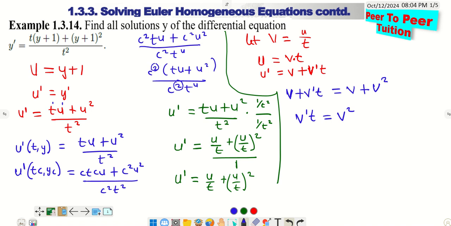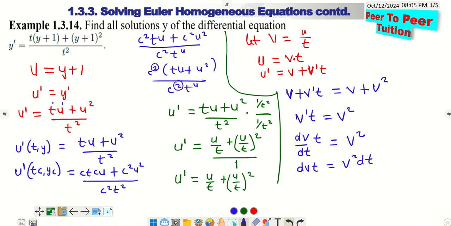So v prime can be written as dv/dt. That's the meaning of v prime. Then it is multiplying t here should be equal to v squared. So the first thing is multiply through by dt. If I multiply through by dt, I'll get dv t should be equal to v squared dt.